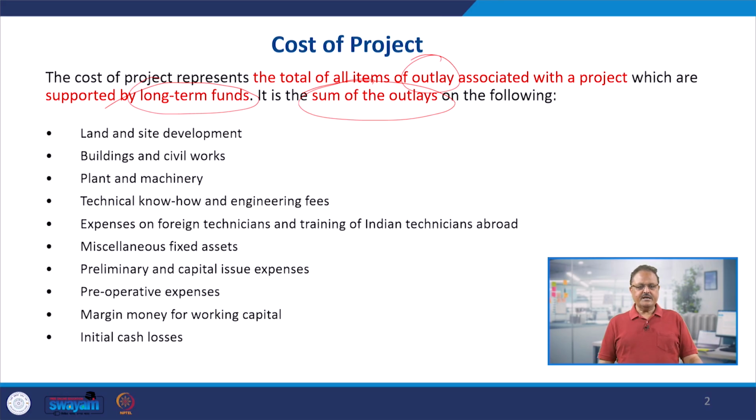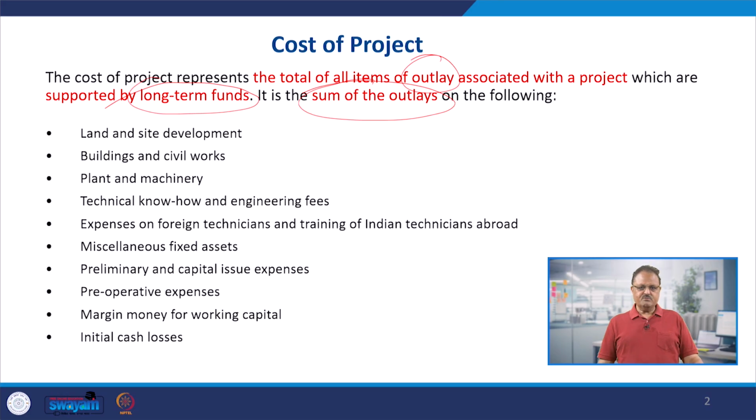For example, you need raw material, labor, all utilities, all auxiliary materials. All these are called current assets or short term assets, which are required in the business for the proper utilization of the long term or fixed assets. So this is the sum total of two kinds of assets, long term assets and short term assets.